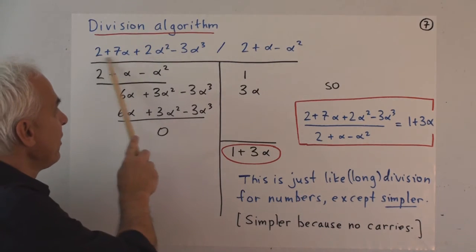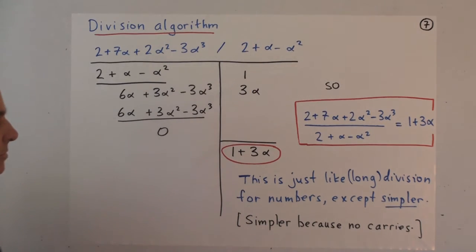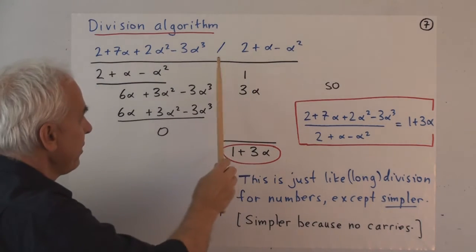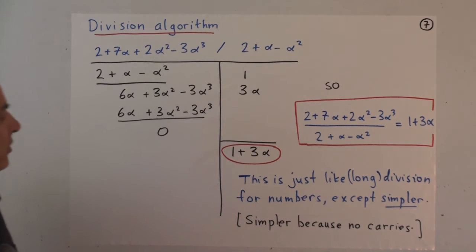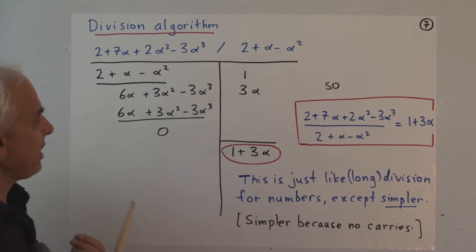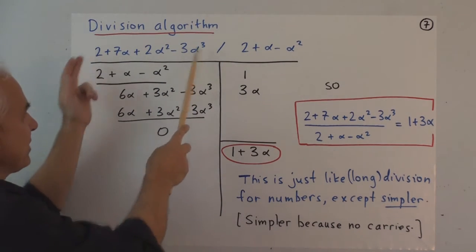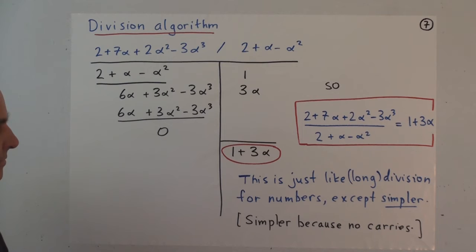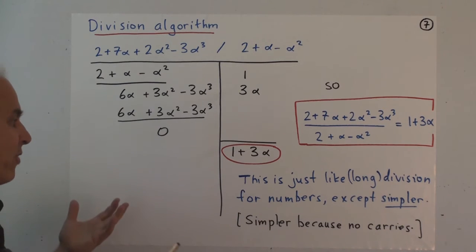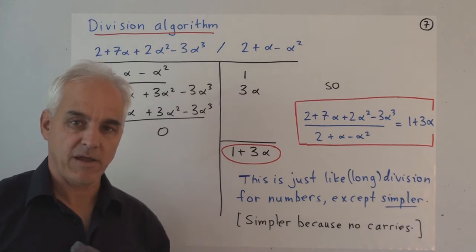So we want this polynomial divided by this polynomial. We'll write a line, another vertical separation there. And what we're really doing is we're asking how many copies of this polynomial can we fit inside this polynomial. It's the same kind of question as dividing 36 by 9.